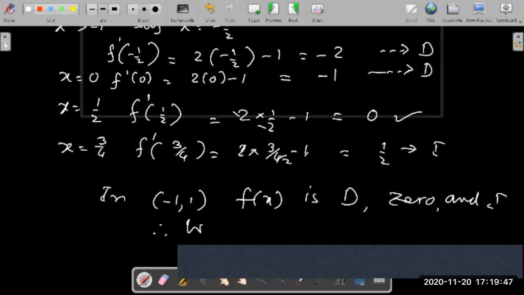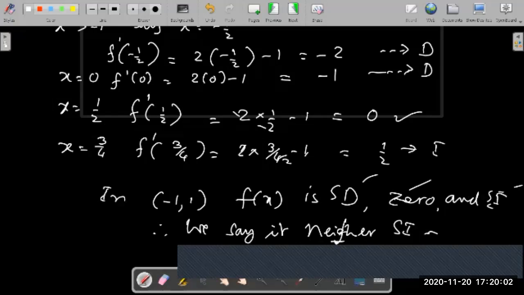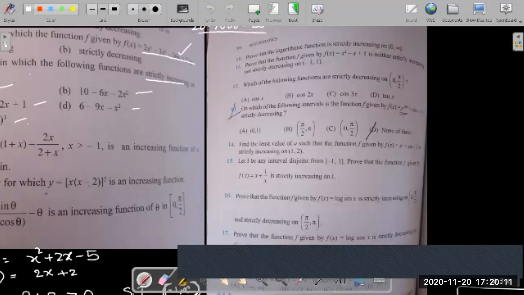Therefore, we say it is neither strictly increasing nor strictly decreasing. This is how we infer that. Okay, so done this question.